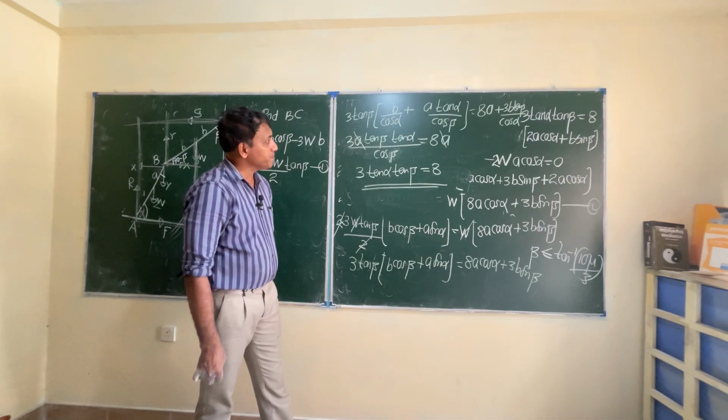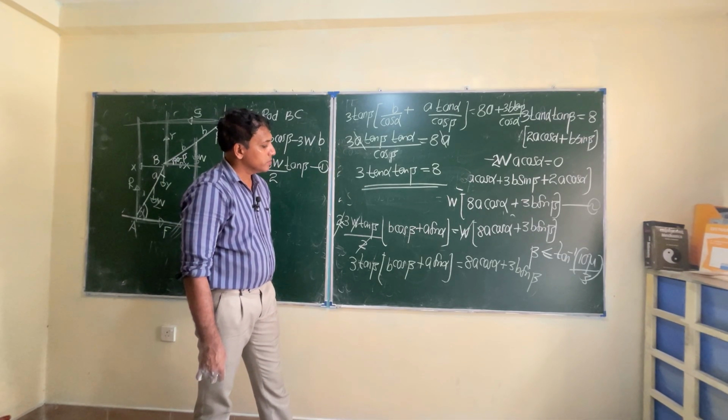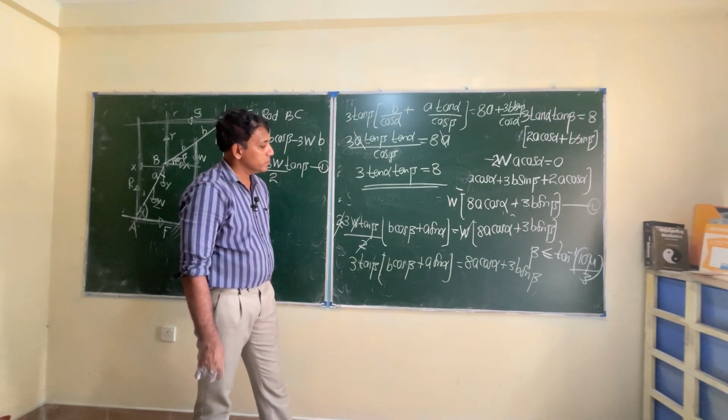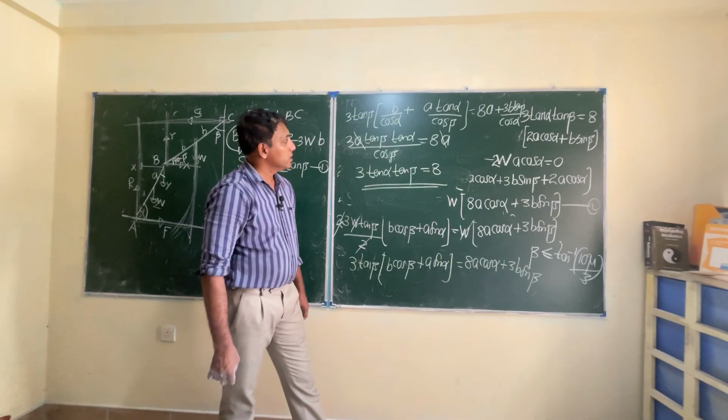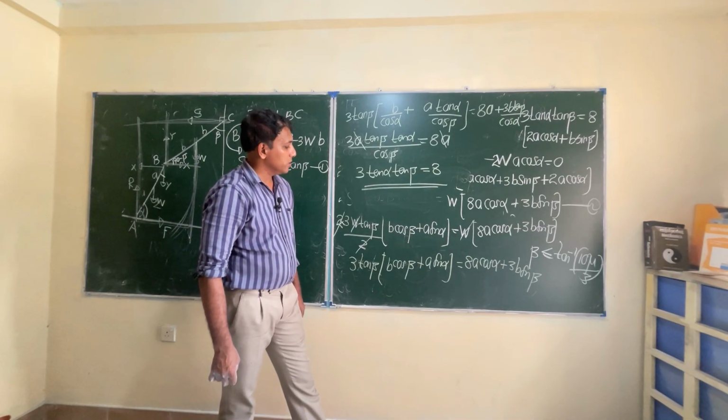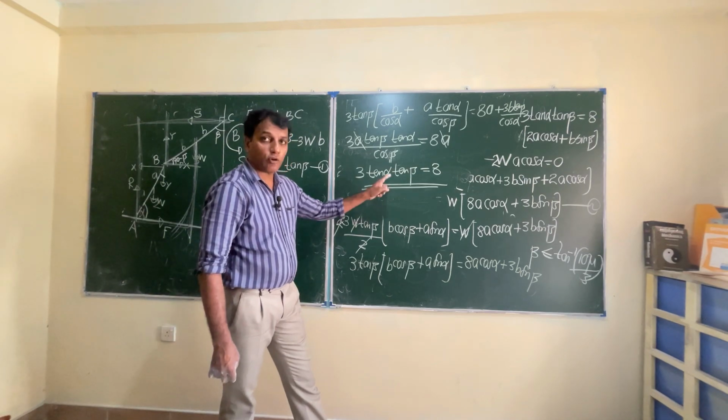That's that part. Dividing by cos alpha gives tan alpha. Yes, cos beta, cos alpha. Yes, that's the answer for that part.